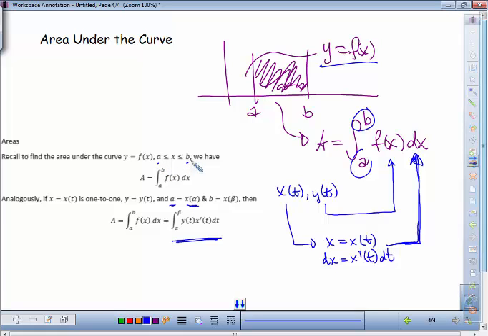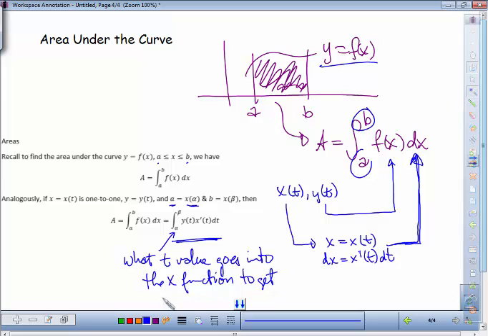So you have to figure out what t value goes into the x function to get a and b.